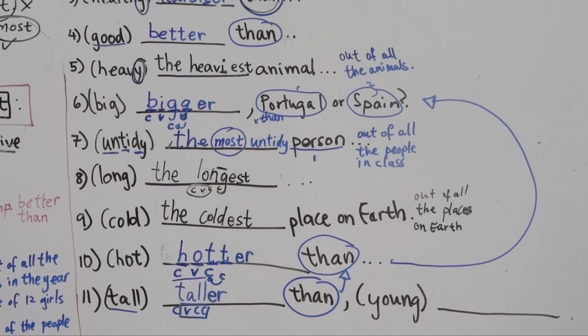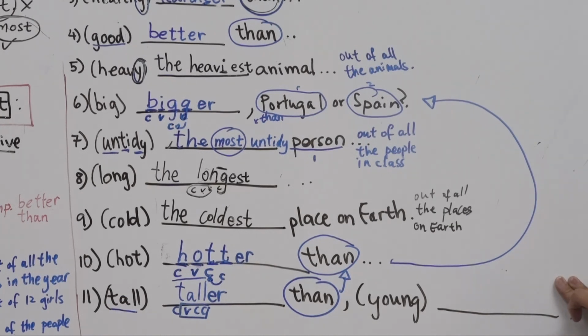Simple. Now, the tricky part is the next part. All right, so Jenny is taller than Alice, even though she is young. Right? So what are we talking about here? Is it still comparative, or do we change to superlative?